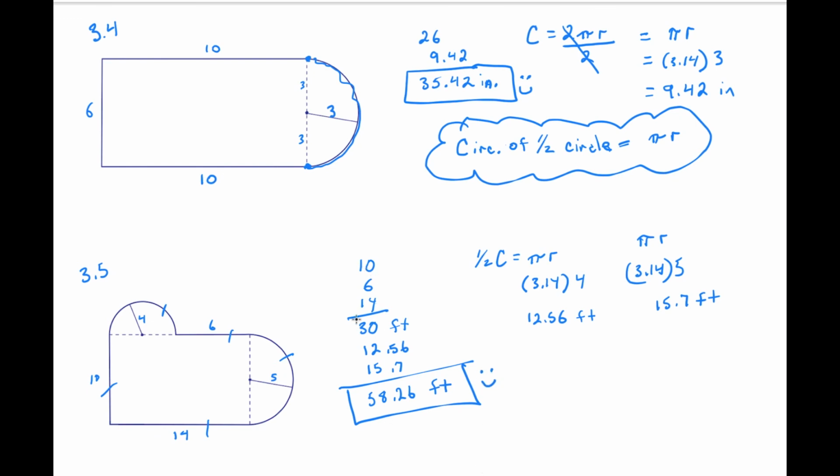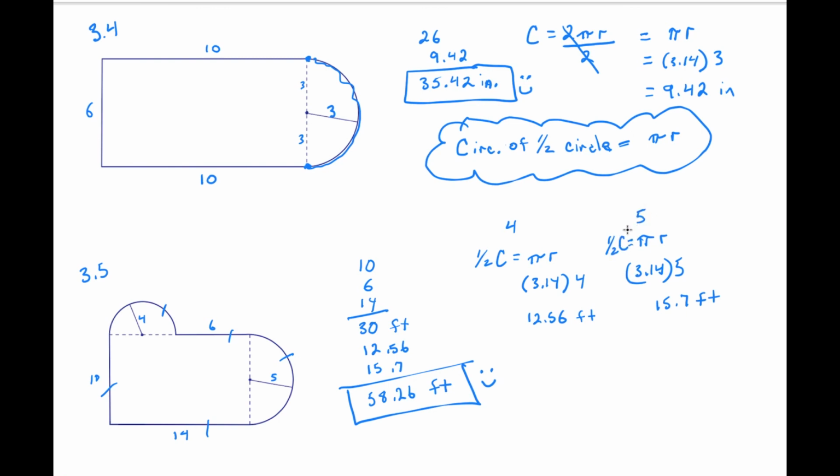Okay, and the way we got there, if you remember, this was all the flat sides, right? The 30. And then this was the half of the 4 radius circle. And this was the half circumference of the 5 radius circle. And we figured those out here. This one was the 4. This one was the half circumference.